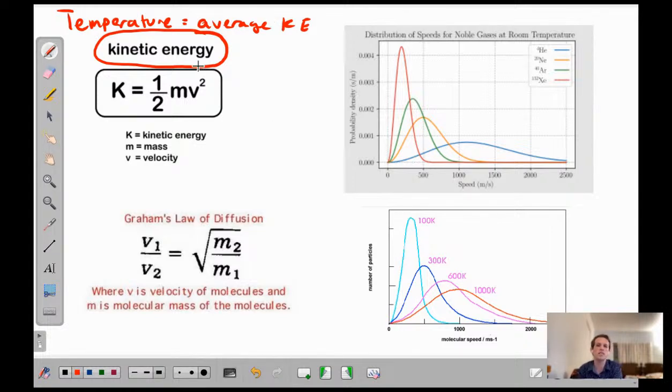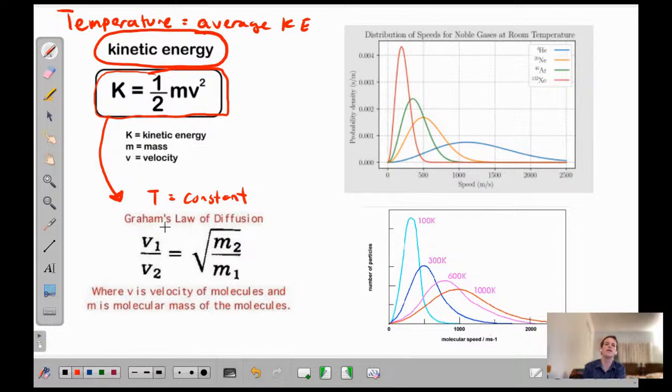So you should be familiar with this kinetic energy law. They give it to you on the formula sheet, but it can be manipulated into a lot of different other formulas. One way it can be manipulated is if you assume that the temperature is constant, which means the average kinetic energy is constant, then you can derive this formula here.